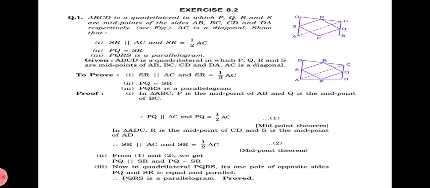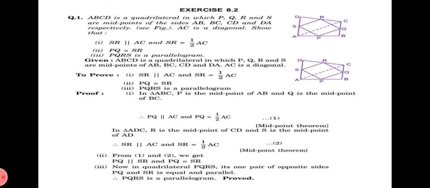Now, let's solve exercise 8.2 based on the midpoint theorem and the converse of the midpoint theorem. So, exercise 8.2, question number 1. ABCD is a quadrilateral in which P, Q, R and S are midpoints of the sides AB, BC, CD and DA respectively. See figure. AC is a diagonal.